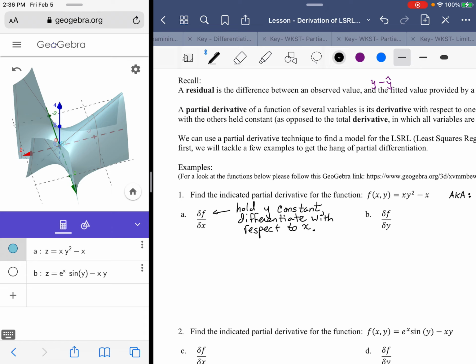And the value of doing that is it allows you to work along a particular path associated with whatever the y value is constant at.